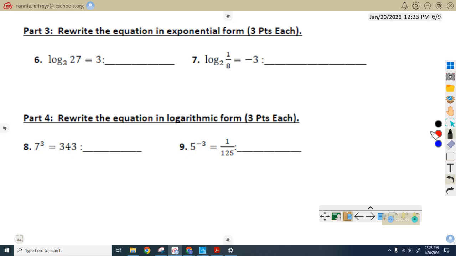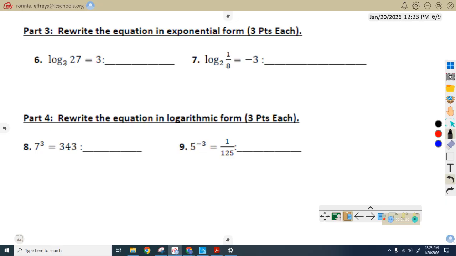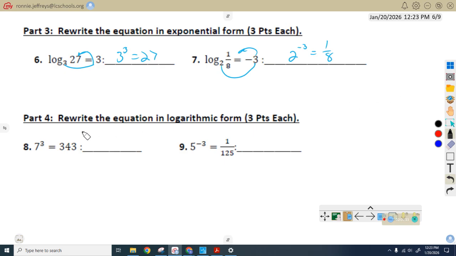Alright. It's this number to this power is this number. It's this number to this power is this number. Alright. This is the reverse, so this would be log base 7 of 343 equals 3.